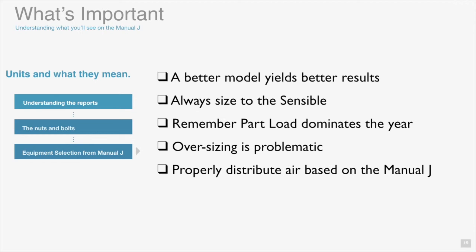Each one of the loads, which you should be getting on a room by room basis, will tell you how many BTUs of heat you need to be able to offset with your air conditioning. And now with the formulas that you've got and what you should see on the different reports, you should feel comfortable trusting the Manual J to get the appropriate amount of CFM to each one of the rooms.